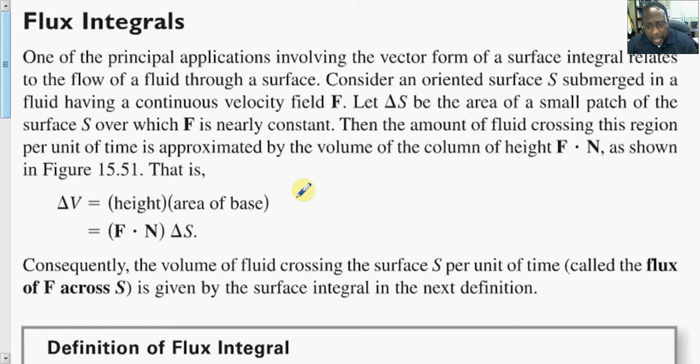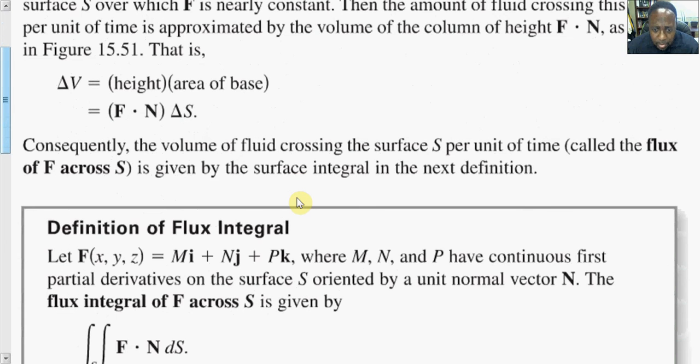The height is calculated as the dot product of the vector field with the normal vector, and the base area is the change in S. So this volume of the fluid crossing the surface per unit of time is called the flux of F over or across S.